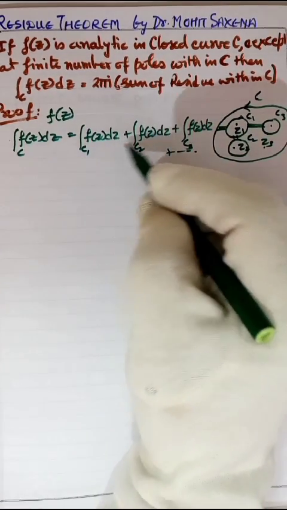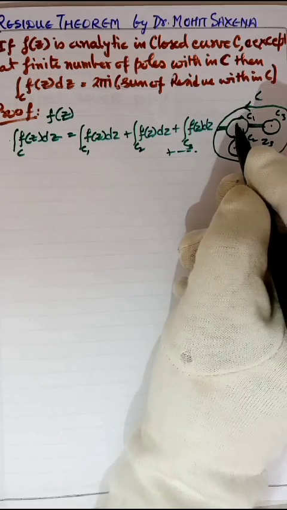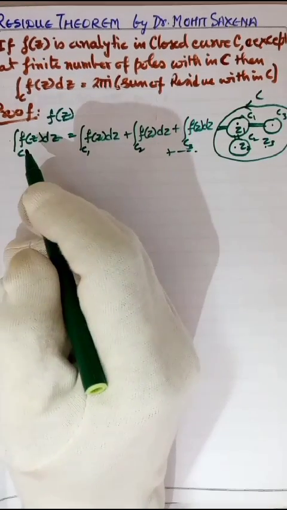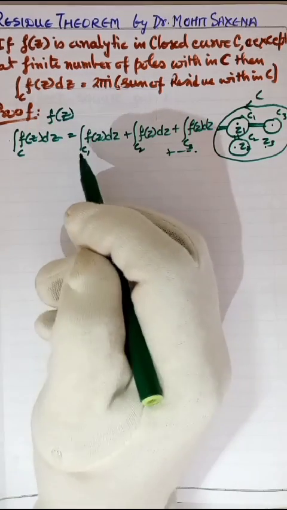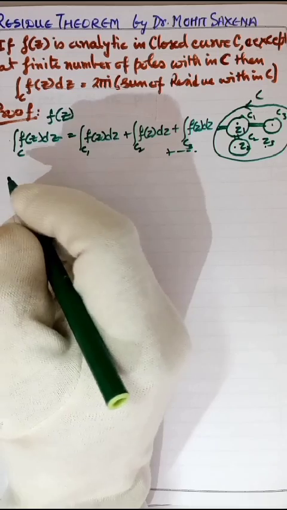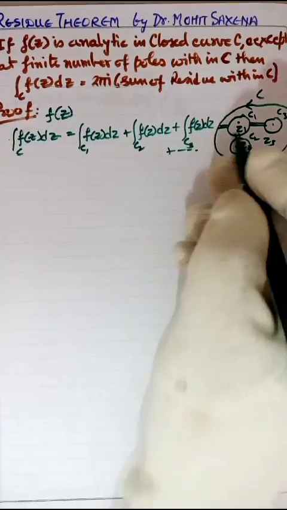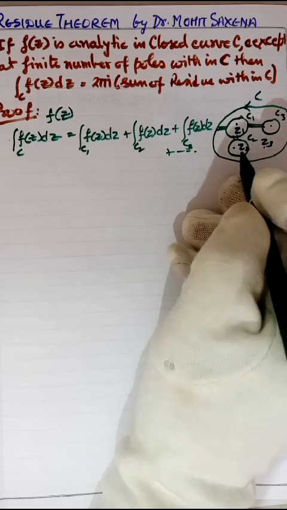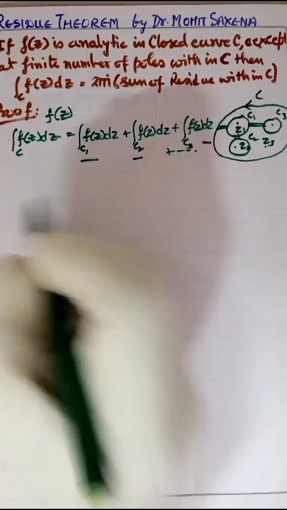There are a number of terms on the right hand side of this equation, as there are singularities in this function f(z). Now to solve further, we make a Laurent series expansion of f(z) about these points z1, z2, z3 and so on to evaluate the different integrals.